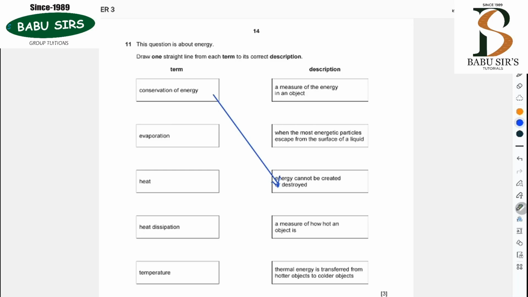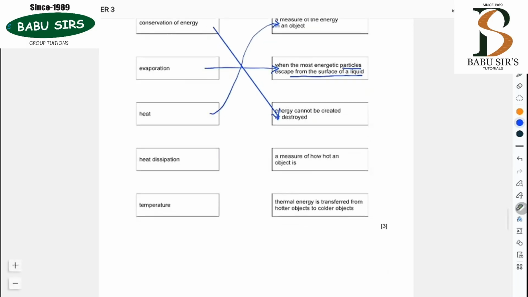Now what is evaporation? Evaporation is when particles escape from the surface of the liquid. You can just mark it directly. Now what is heat? Heat is the measurement of energy in an object. Now what is heat dissipation?